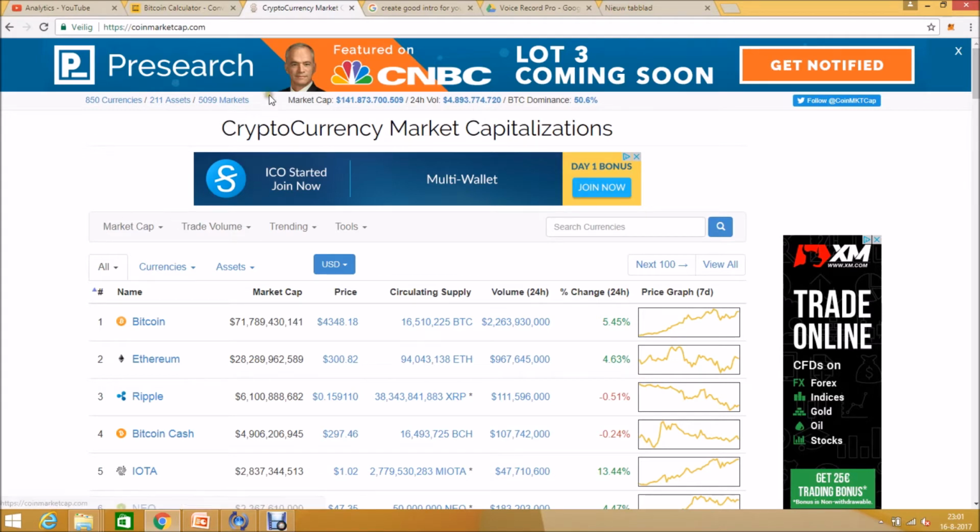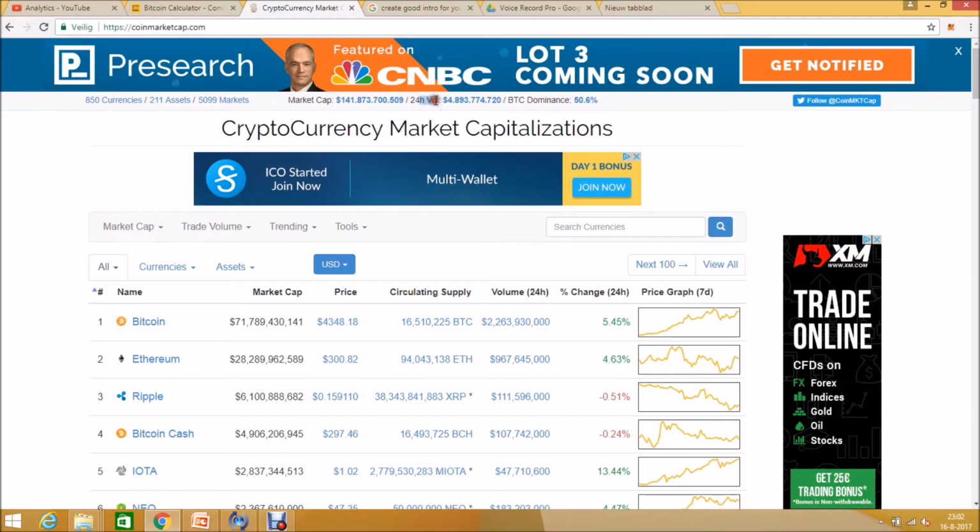If we look on top, it's already interesting to see what is going on for the total market. As we see at this moment, the total market cap is 141 billion. I'm not sure if that's a record, but that's really a high, an all-time high.